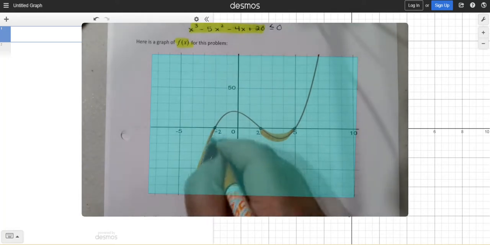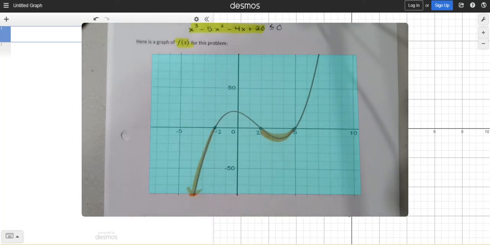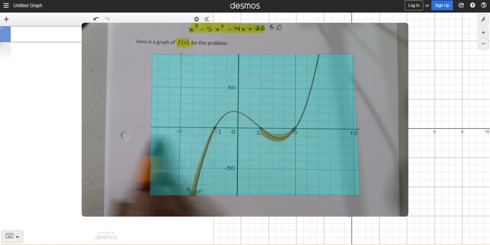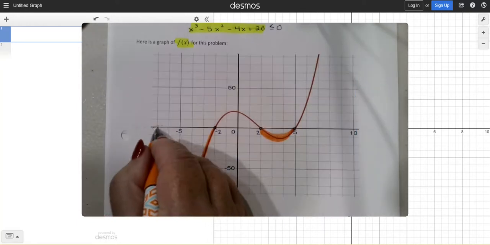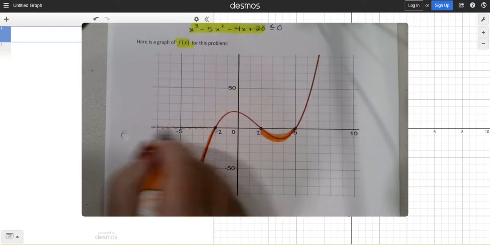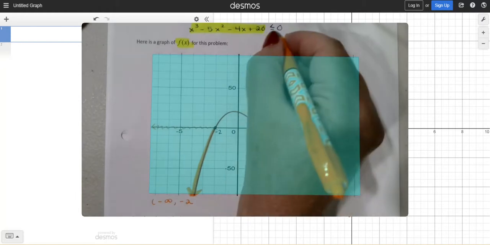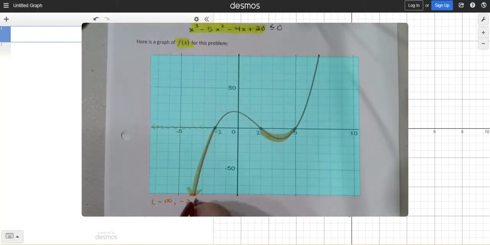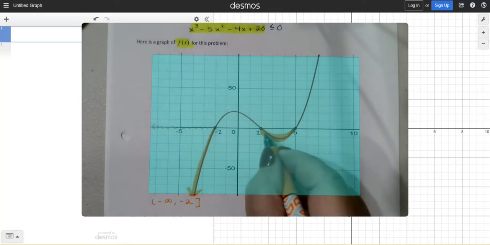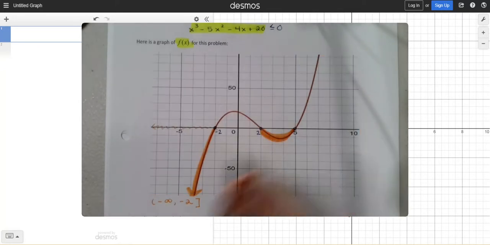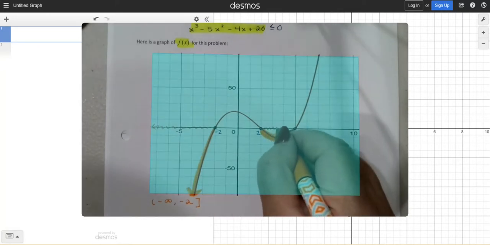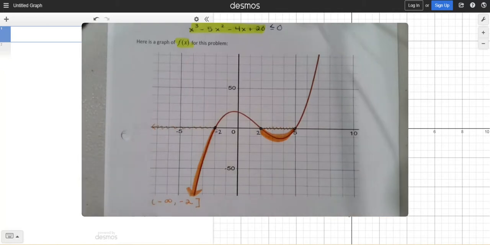Well, let's see, this piece would correspond to all of the x values from -infinity until we get to -2, right? All through there. And since it is less than or equal to 0, I can put a bracket on that. This little section that dips down below 0 corresponds to this bunch of x values.